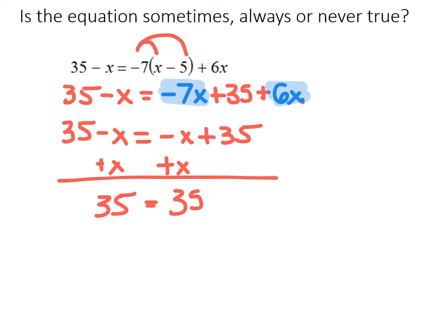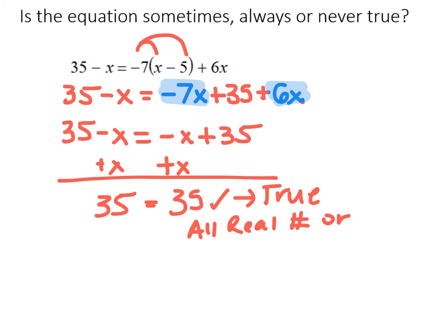Now since 35 equals 35 is true, we could say it was all real numbers or infinitely many solutions.